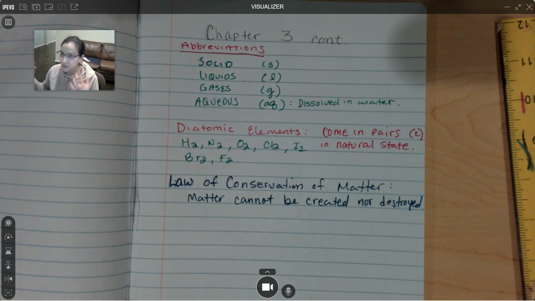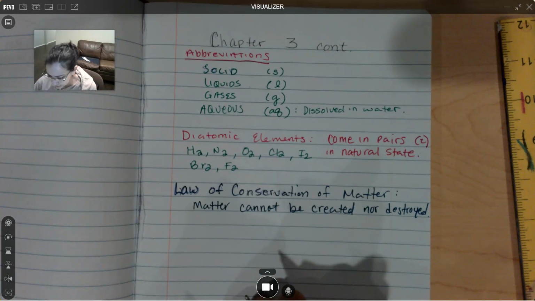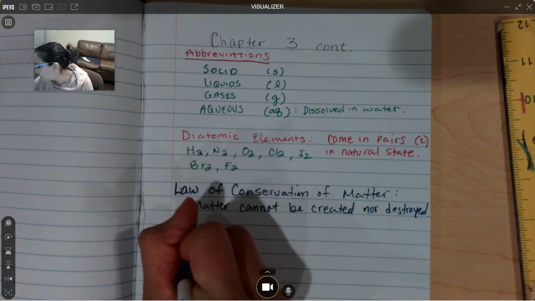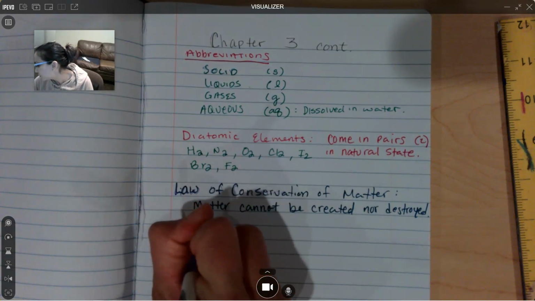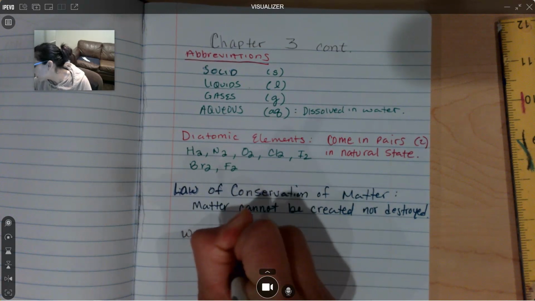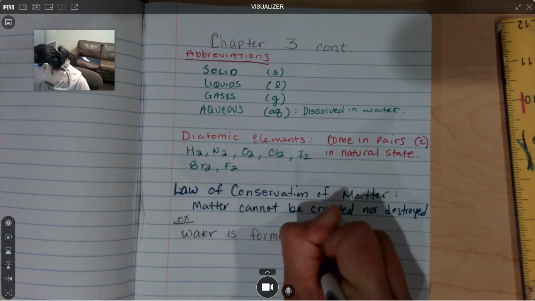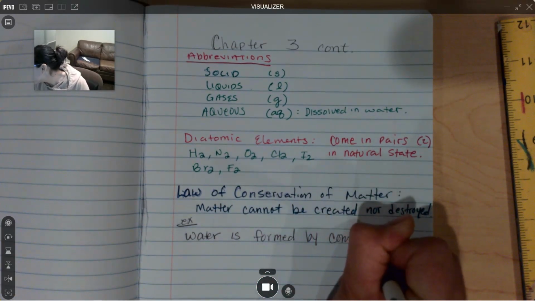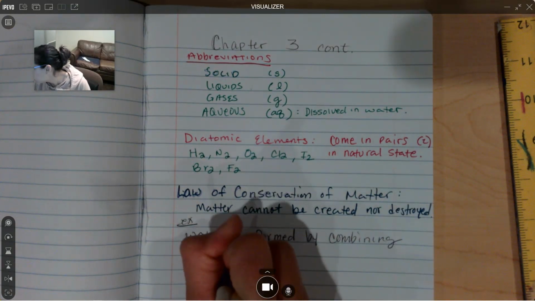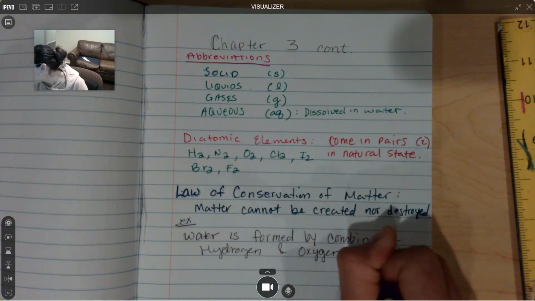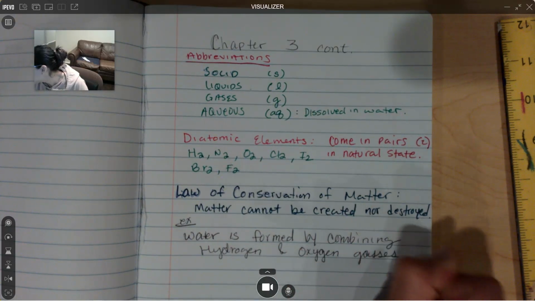So we're going to apply this in a little equation, something as simple as the creation of water. In this example, water is formed by combining hydrogen and oxygen gases together.